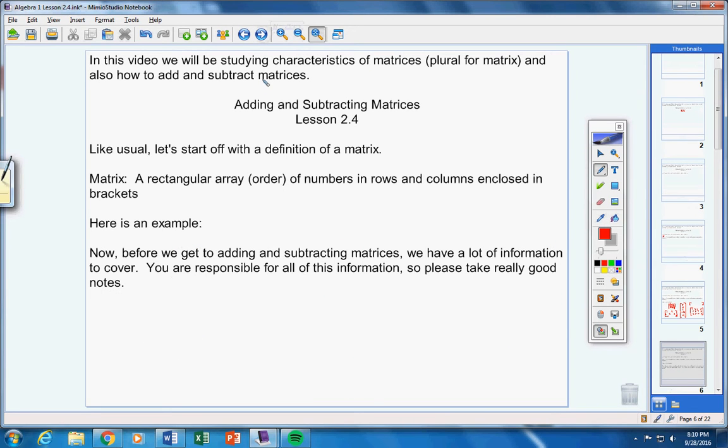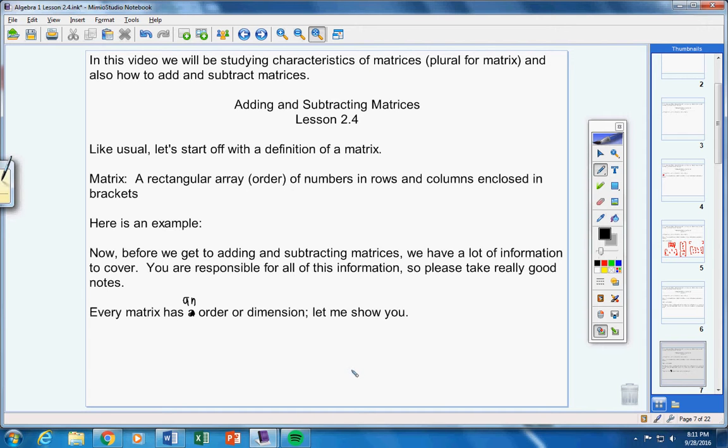Now, before we get to adding and subtracting matrices, we have a lot of information to cover, and you are responsible for this information on tests and quizzes, so please take really good notes. Every matrix has an order or dimension. Let me show you what I mean.